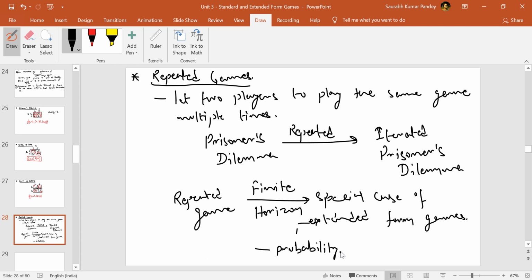Up till now, the defection was done because they know that I have this many chances left. But if the chances are not known to them, and they know there is a small probability that the current iteration is the last chance for me, then somewhere the dominant strategy is to convert this defection to cooperation.